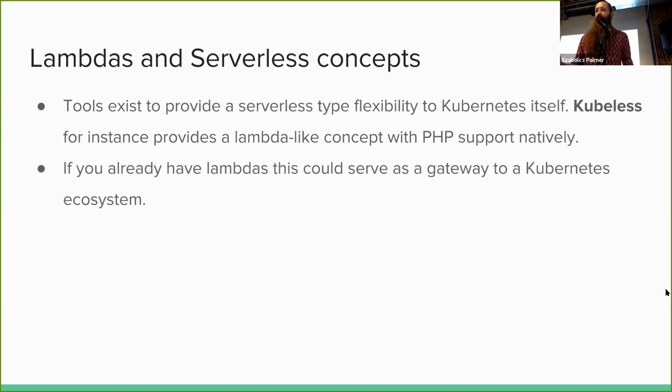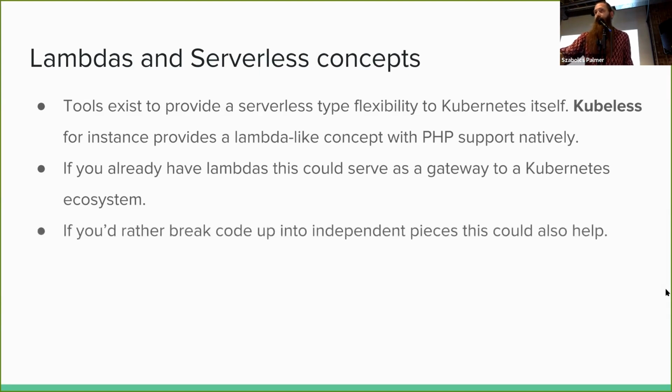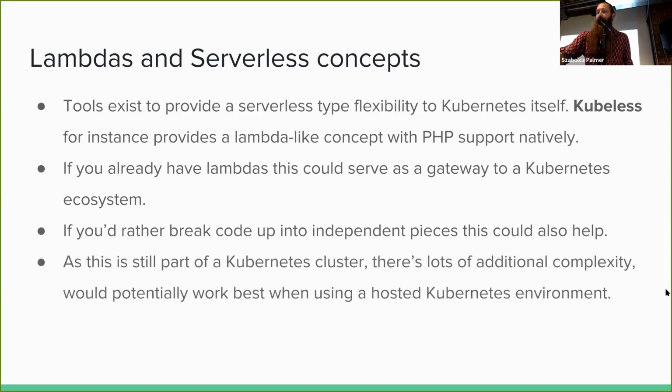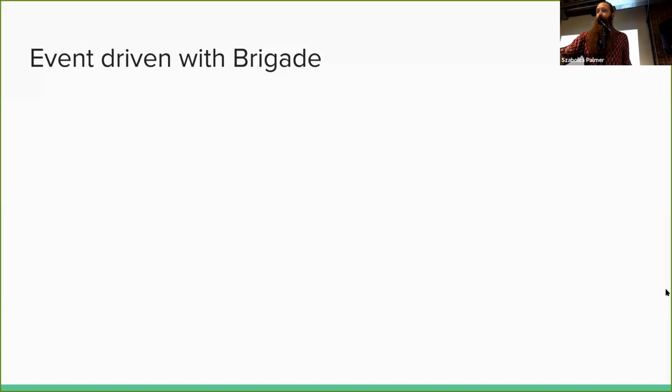I feel like if you've already got some Lambdas that you use as a part of your application, this is probably a good way to start to get into using Kubernetes if you don't already. And if you have a lot of big chunks of code and you much prefer to leverage this type of Lambda concept, then kubectl is probably going to be quite nice. For me, though, I find that it's probably just overcomplicating things. You're already running a Kubernetes cluster, so managing functions on top of that is probably only going to make it worse.